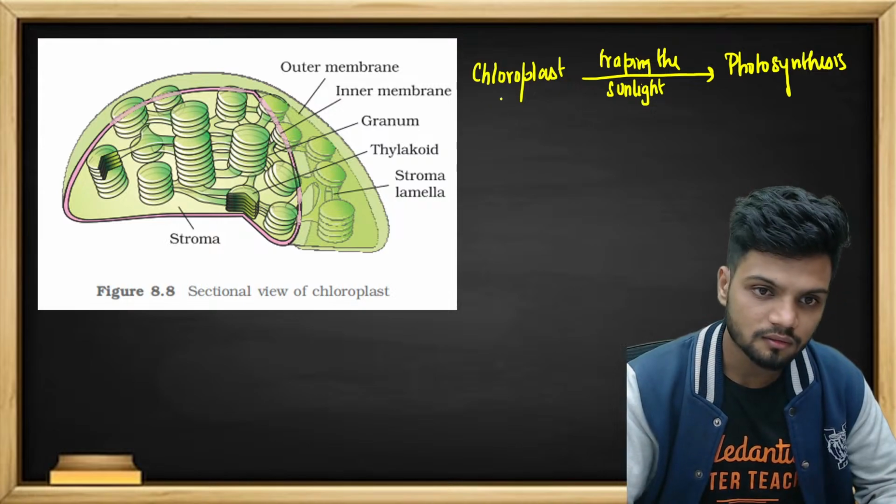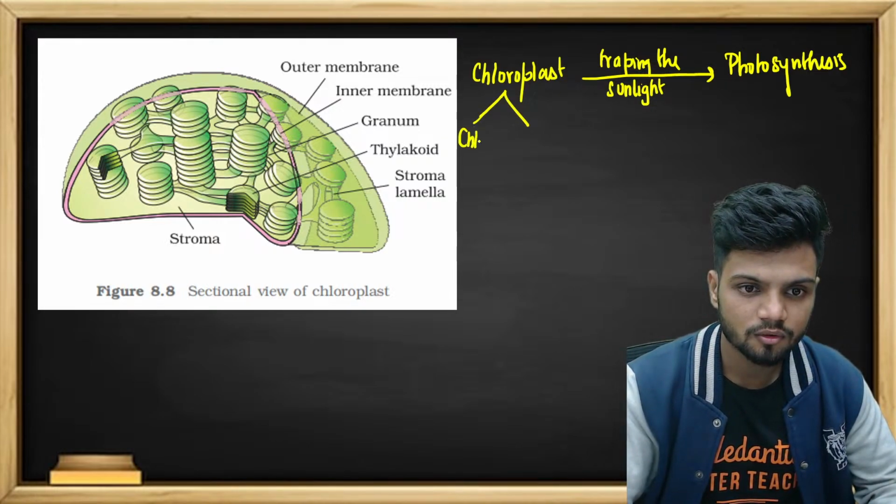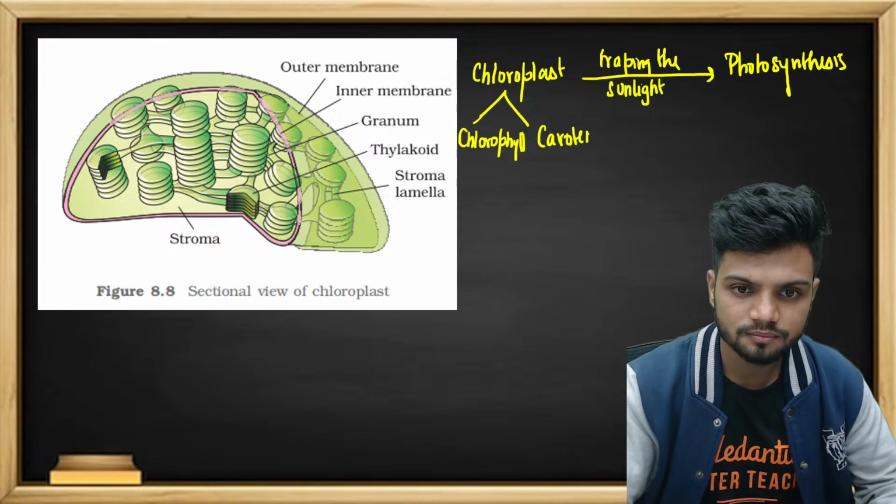In chloroplast, there are two types of pigments. One is chlorophyll. We have chlorophyll A and chlorophyll B. The other one is carotenoids.